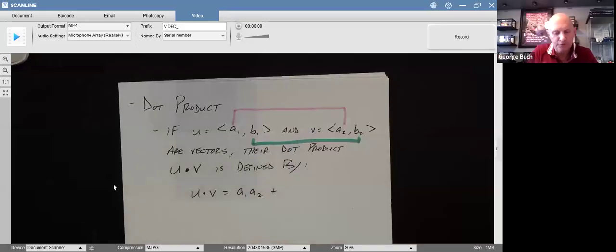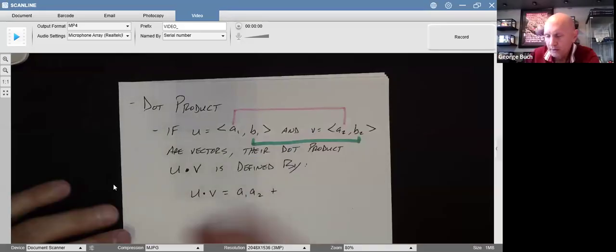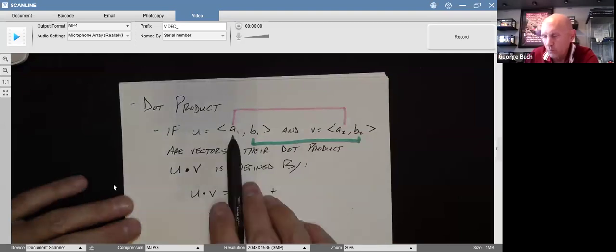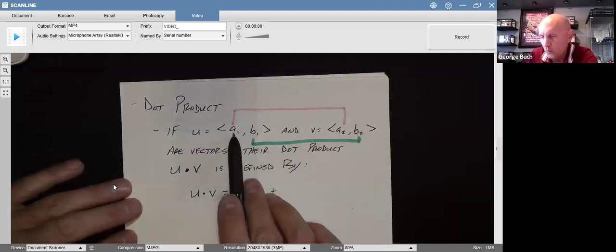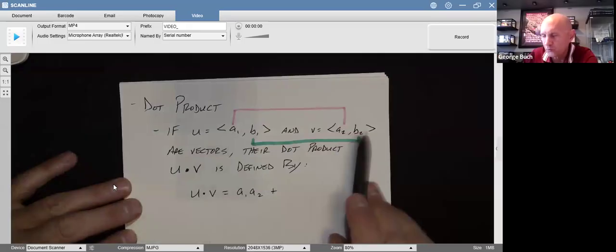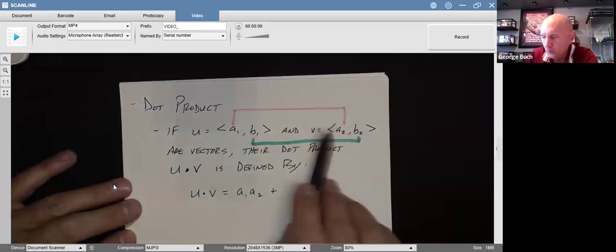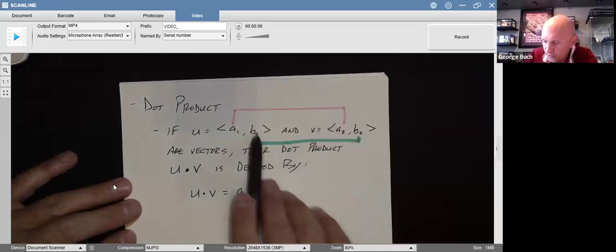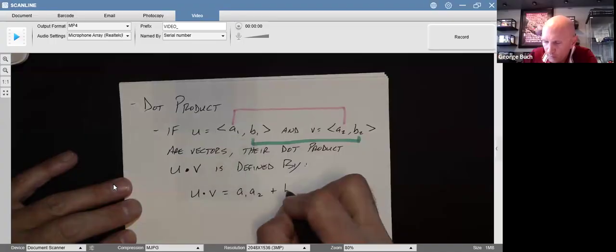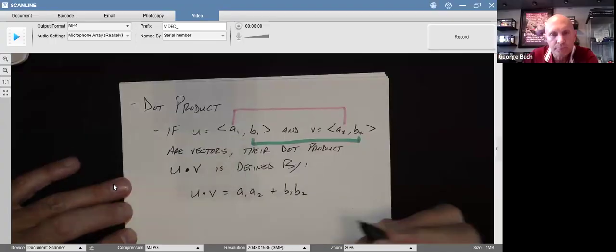Now, again, in this formula, it's called a1, a2, b1, b2, but that's just what it's called. The key is that you're multiplying the first values and adding it to the multiplication of the second values. So b1, b2.